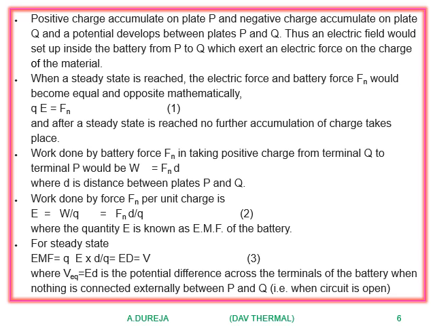Here, the quantity E is known as EMF of the battery, and for the steady state, it will be equal to V. That means V equals E into d is the potential difference across the terminals of the battery between P and Q when the circuit is open.